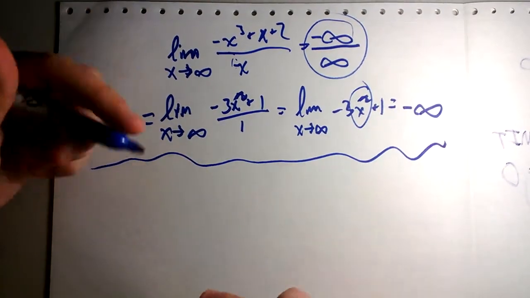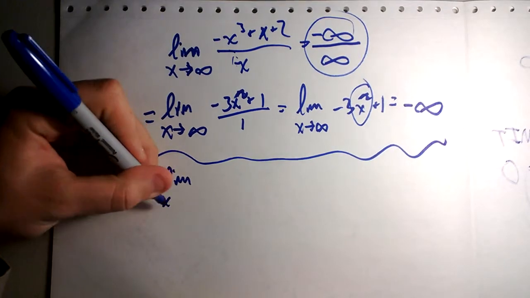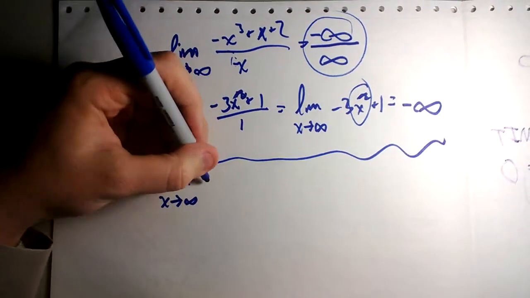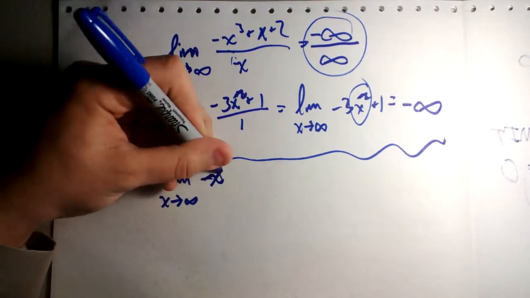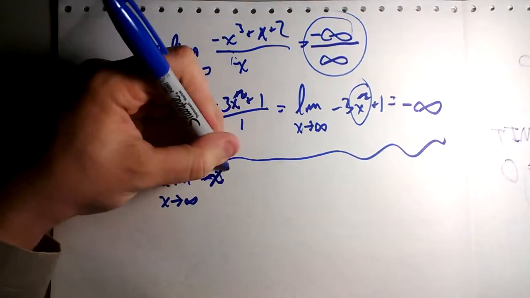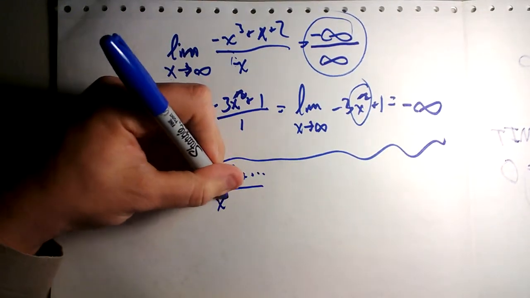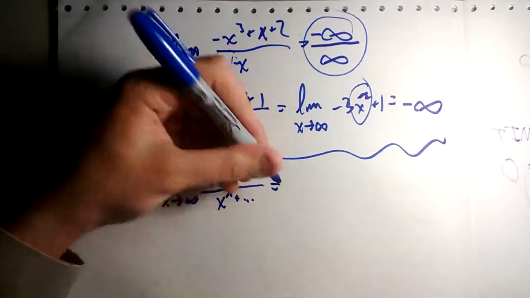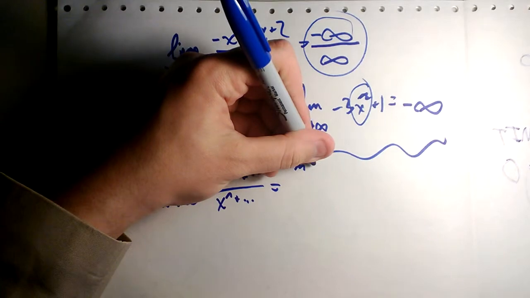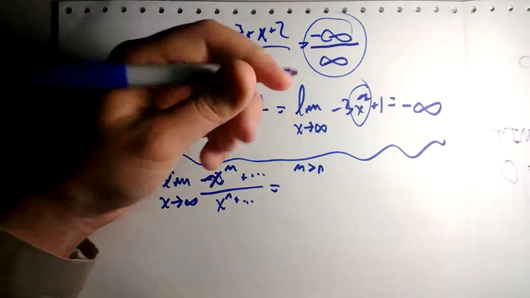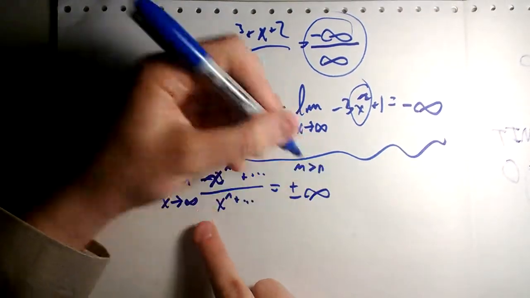So our conclusion here is if x approaches infinity of some x to the m plus stuff over some x to the n plus stuff, and we also have to say m is now greater than n, not equal to, then it goes to positive or negative infinity.